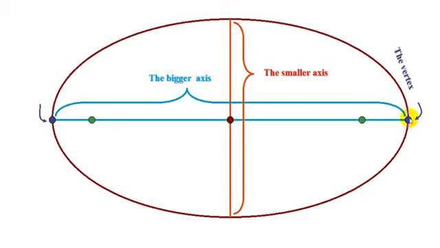It has two vertex points, one at each end of the largest axis, and we have the center intersection point, and we have two foci, one focus on one side and one focus on the other side.